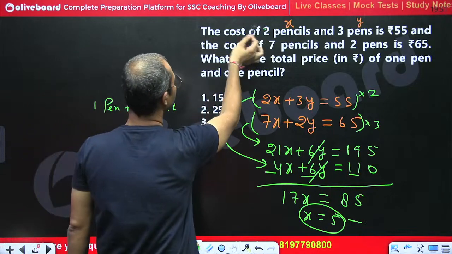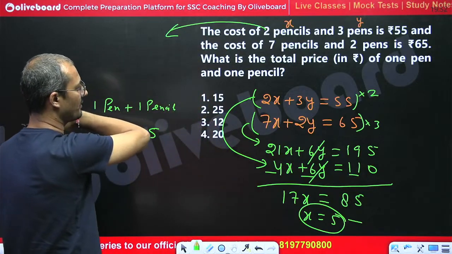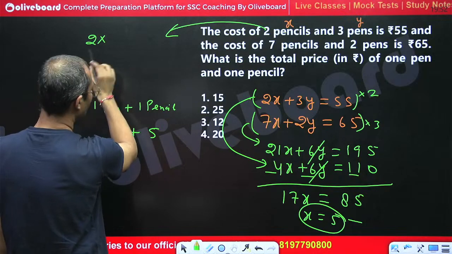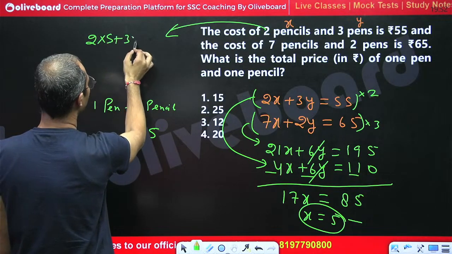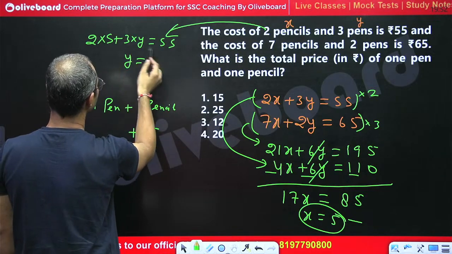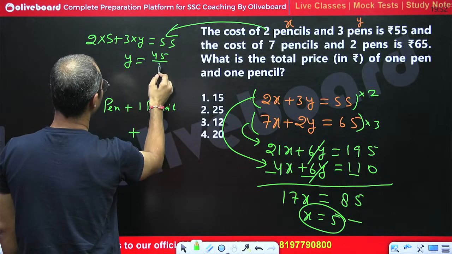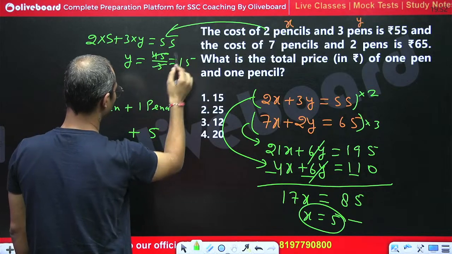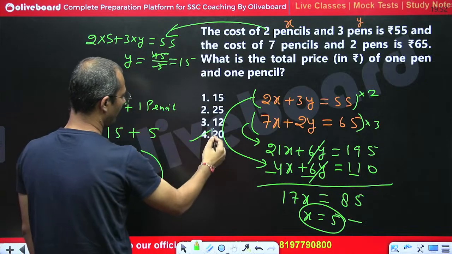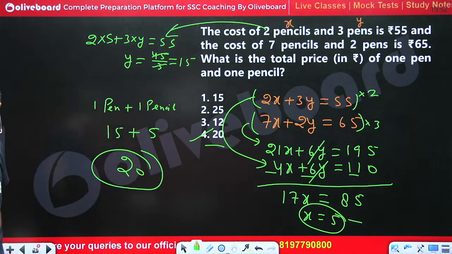So we can put the value of x in first equation. So 2 into 5 plus 3 into y is equal to 55. y would be equal to 45 divided by 3. So this will come 15, right? So 15 plus 5, 20 is the right answer. Fourth option is the right answer.